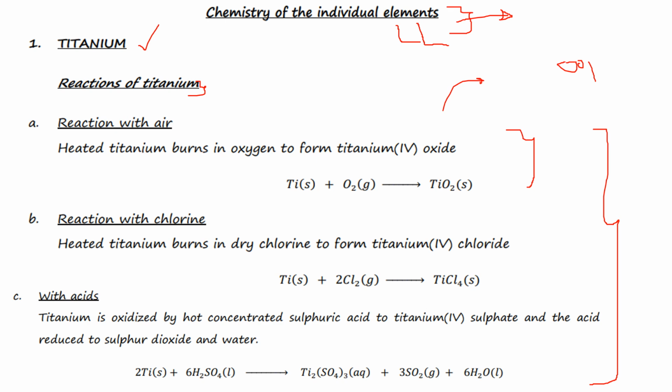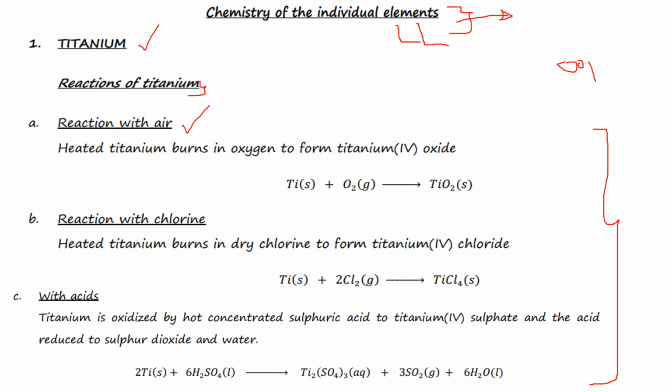If you want detailed transition chemistry, refer to the notes that your teacher will be giving you. This one is to equip you to excel in your papers by focusing on the required areas. So we shall start with part A, the reaction of titanium with air.